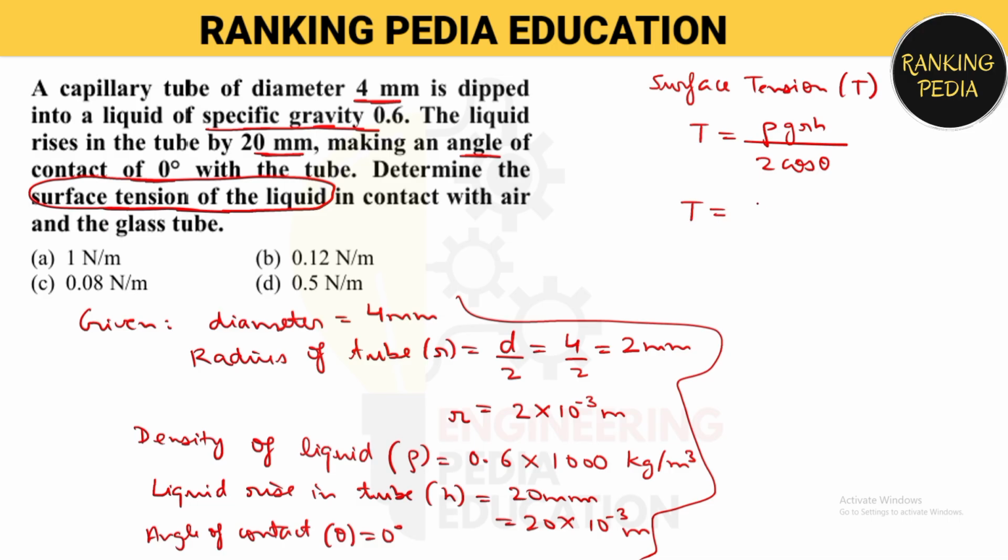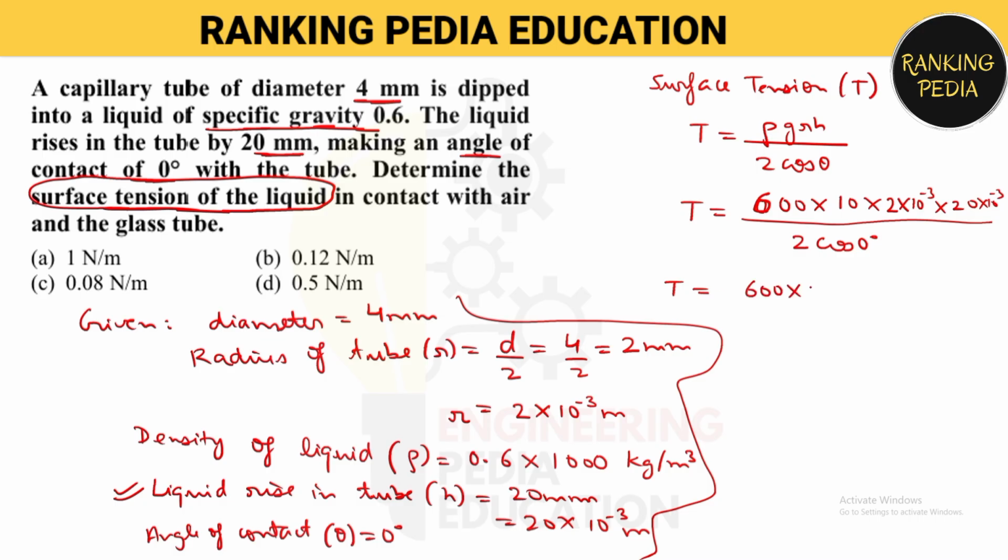Rho value is given, 0.6 into 1000, which is 600, into gravity, which we will assume 10, into radius 2 into 10 raised to the power minus 3, into height, liquid rise in tube, h is 20 into 10 raised to the power minus 3, whole upon 2 cos 0 degree.